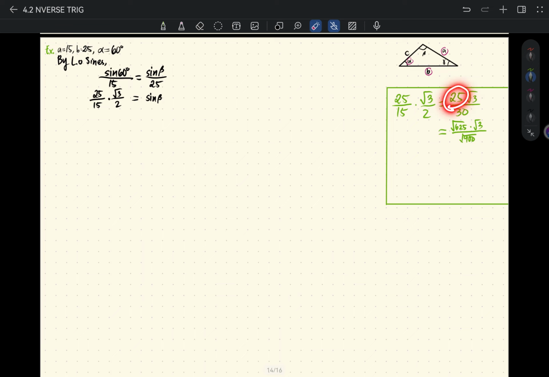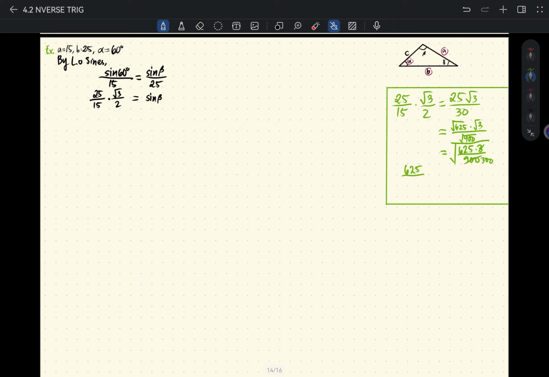I just squared this number, then obtained the square root since they just cancel out. Then same here, I squared the number, then square root. And since you can multiply square roots, you can put it in this manner. You have square root of 625 times 3 over 900. And observe, I can divide 900 by 3 to get 300 below.